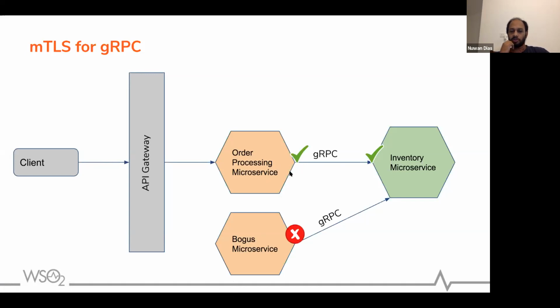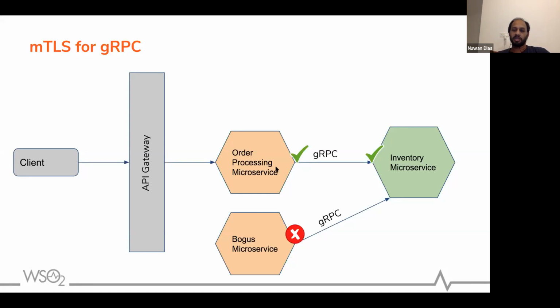You want to make sure that the inventory is always updated by the one who is supposed to do that, in this case the order processing microservice. You don't want anyone else to come and update your inventory. In case there's a bogus microservice in your system, or some other microservice unintentionally talks to the inventory microservice and tries to update your inventory, you don't want to allow that. So how do you prevent that?